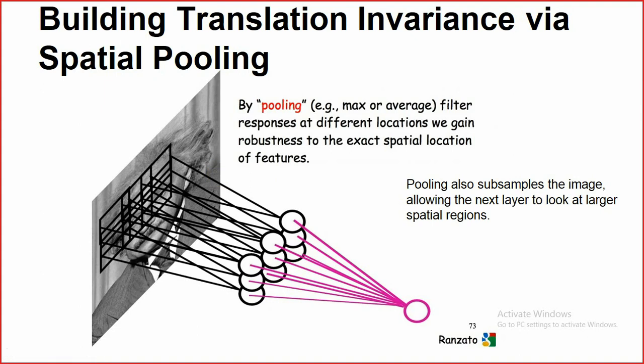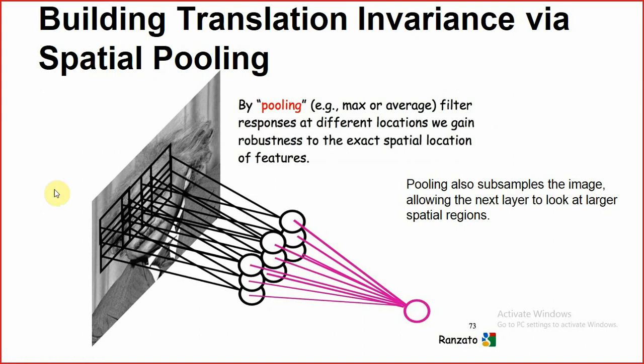In order to reduce the size of the extracted features, we can perform some subsampling. We call it pooling. By pooling, we can filter responses at different locations in order to gain robustness of the extracted features to the difference in locations.